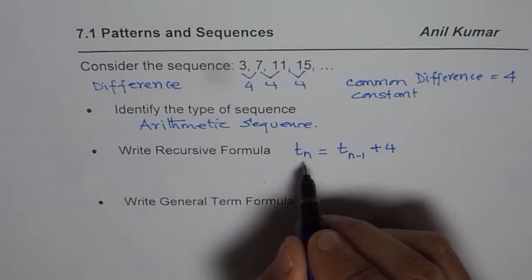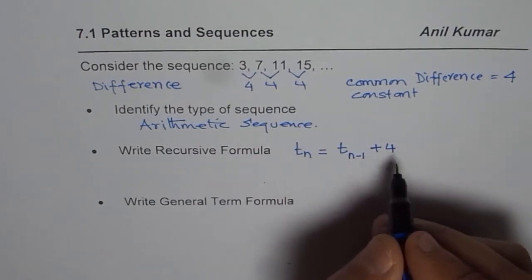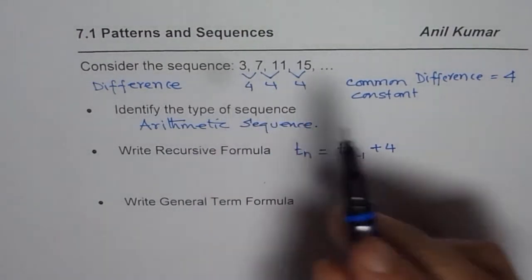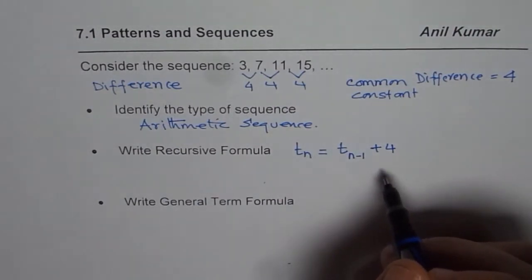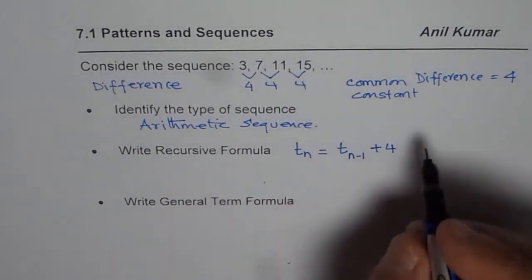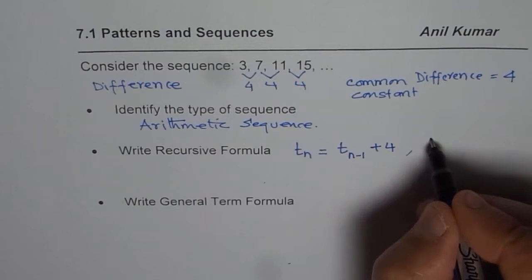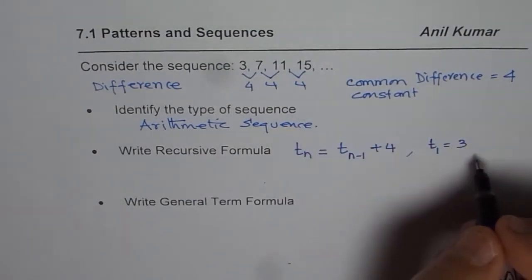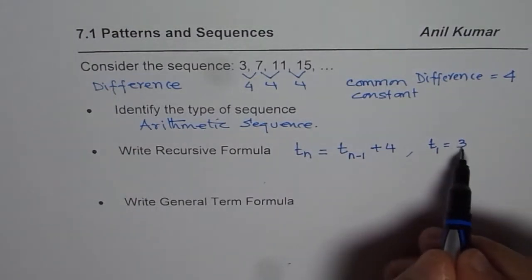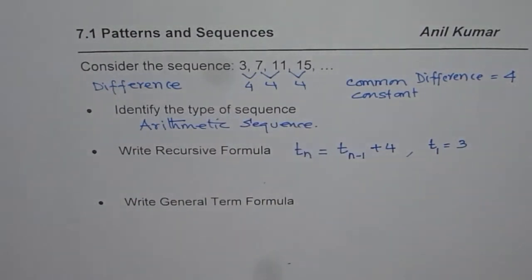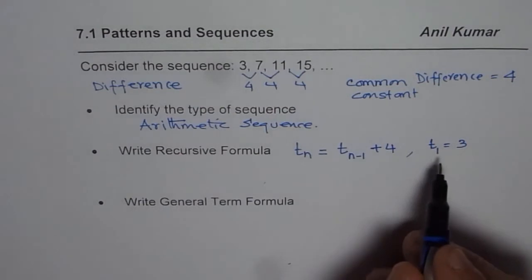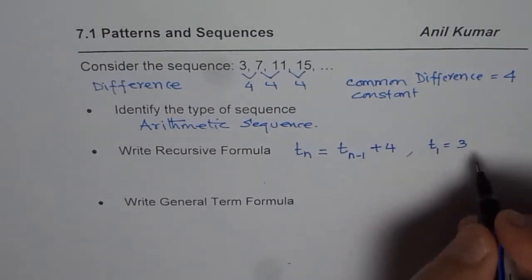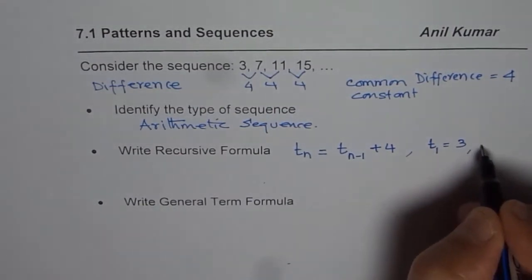But whenever you write recursive formula, you have to mention the first term. Otherwise, how will you start it, right? So in every recursive formula, you should also mention that the first term, T1, is equal to 3 in our case. Now, if you start with 3, you get the whole sequence. That is the whole idea. And what is n equal to?